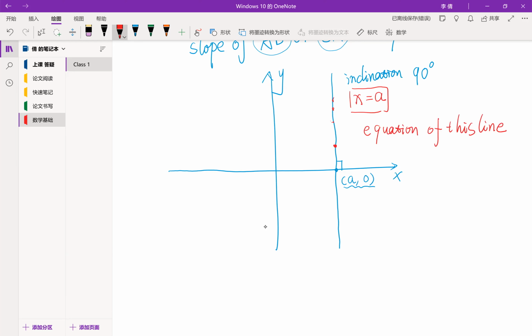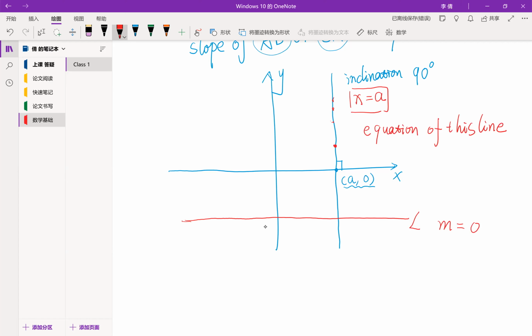Then let's say there is a horizontal line. The slope of this line is equal to what? Who can tell me the slope of this line L? This line is the horizontal line, and the slope of this line is 0. Yeah, zero.